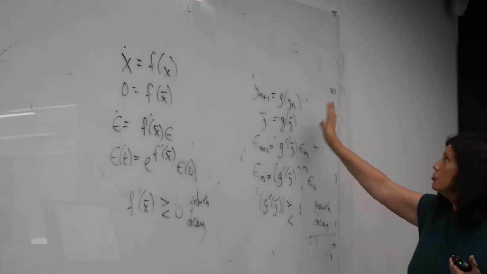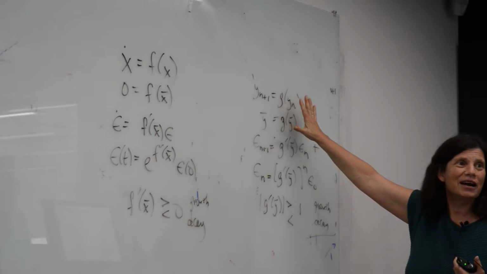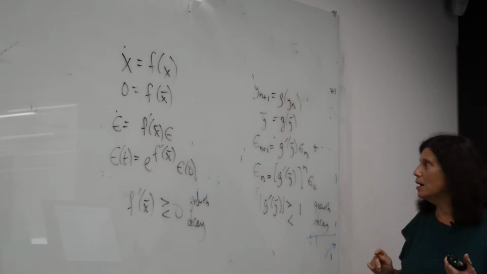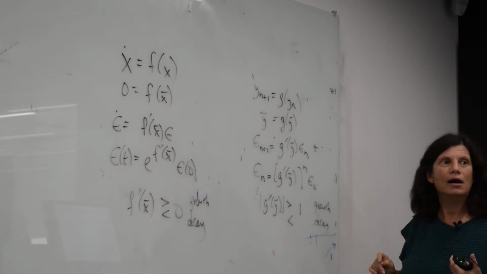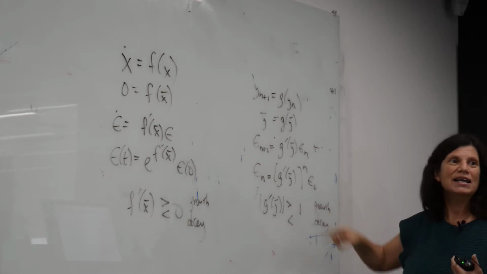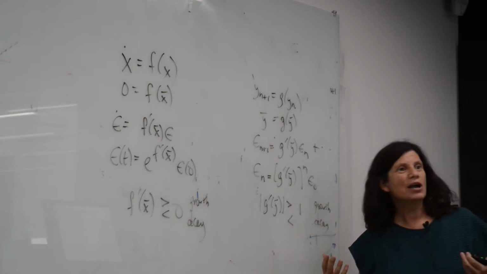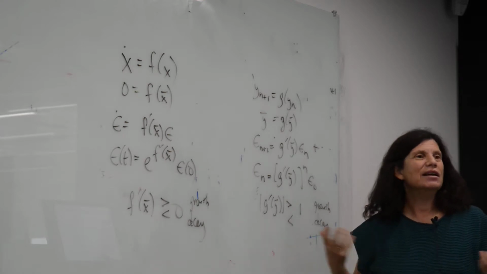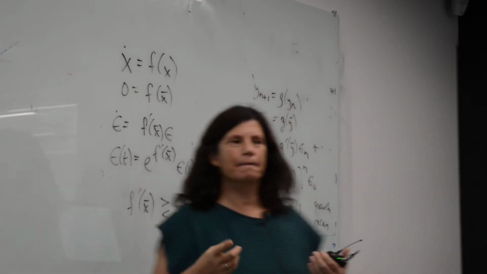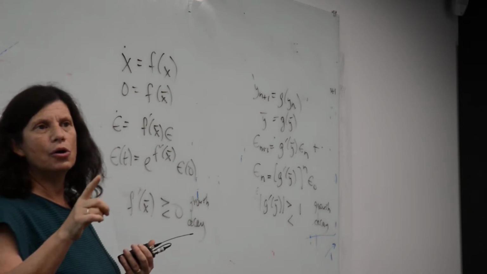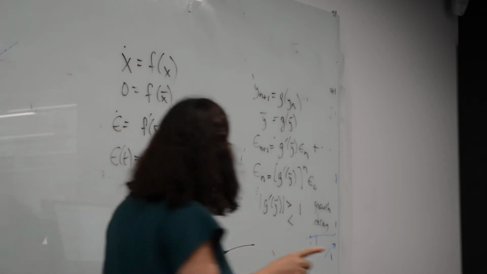I'm just thinking that when you take the power of n, you are multiplying n at every time step, right? That's right, exactly. And if the thing that you're multiplying by is greater than 1, then it gets bigger and bigger. And if it is less than 1 in absolute value, then it gets smaller and smaller. I don't know why you write it as epsilon n.